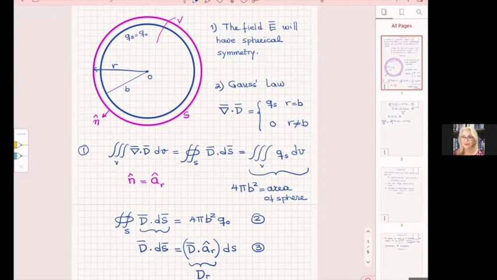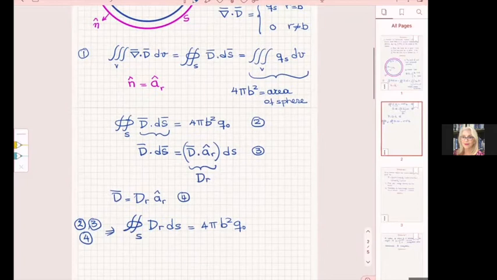But your D sub r is independent of theta and phi because it has spherical symmetry. So I will rewrite this as D sub r times the integral of dS equal to 4π b squared Q sub naught.